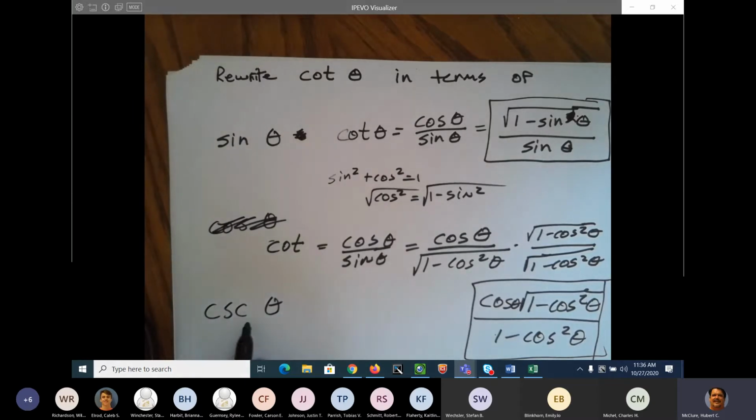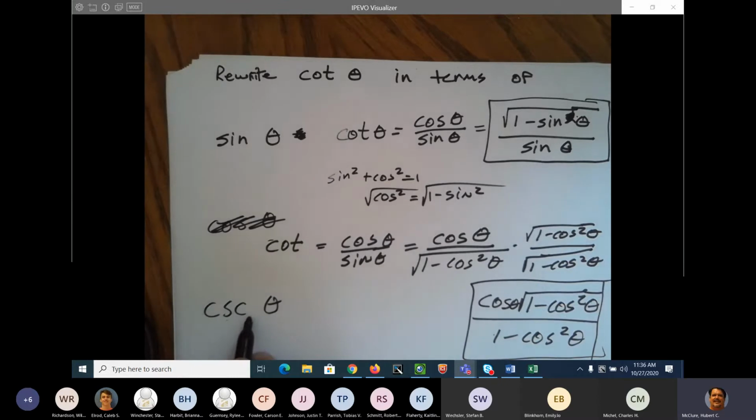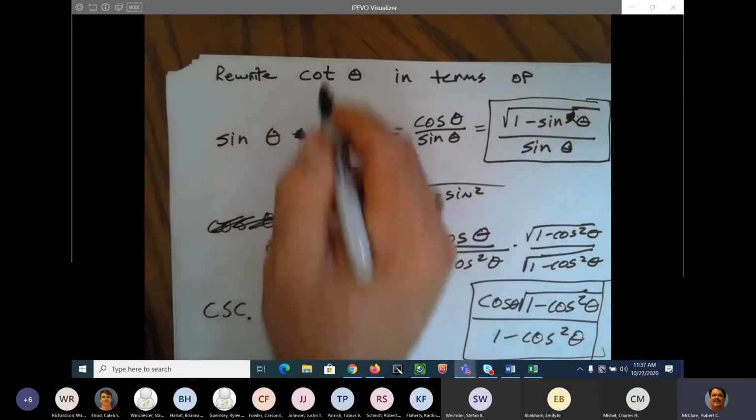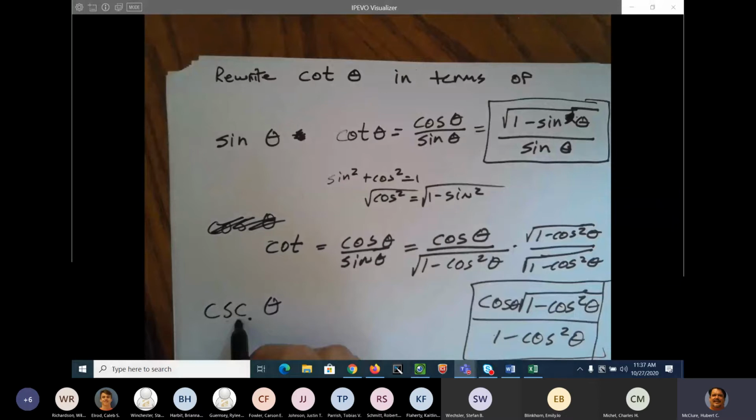So this one right here is easy. Using your Pythagorean identity, what is the cosecant squared equal to? 1 plus the cotangent squared. So if I'm going to write the cotangent in terms of cosecant, that's pretty simple.